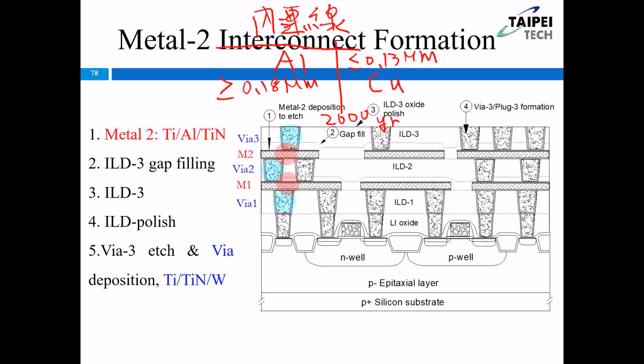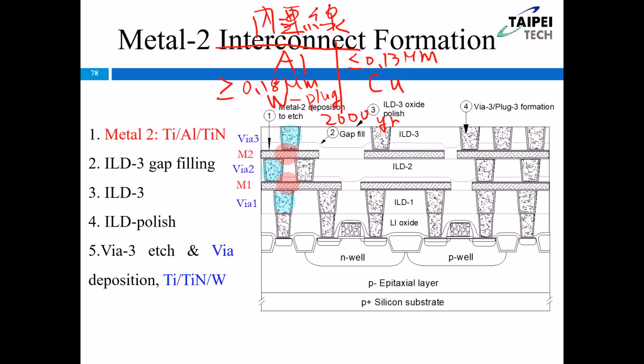And for the via, aluminum will use the tungsten for the via. For the aluminum, we use the tungsten plug.